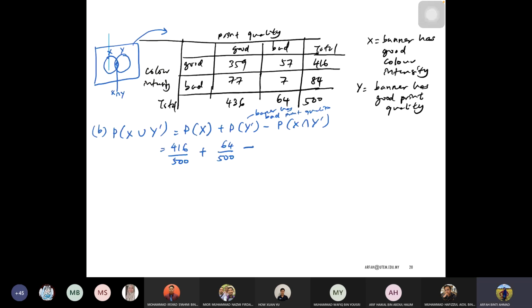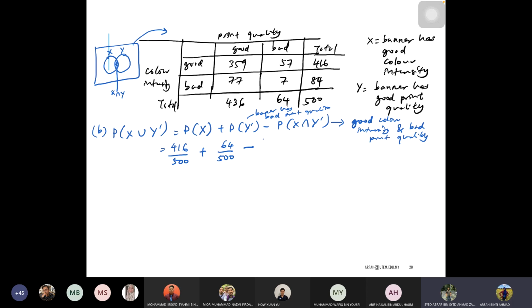So probability of X and Y prime. X dan Y prime maksudnya event a banner has good color intensity, okay, and bad print quality. Okay. So berapa jawapan for this one? 57 per 500.